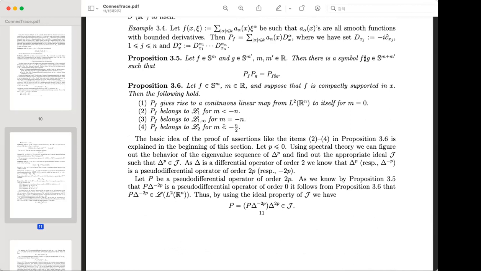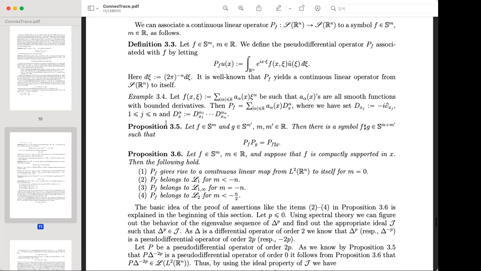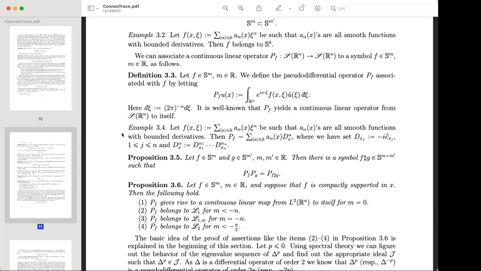Okay, so another general property of the pseudo differential calculus is this. One important reason why we consider pseudo differential calculus is that studying the operators on the Hilbert space itself is usually quite a delicate and difficult question.